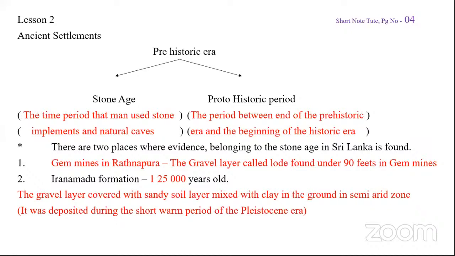Then the Iranamadu formation, that layer is a gravel layer covered with a sandy soil layer mixed with clay in the ground in a semi-arid zone. It was deposited during the short warm period of the Pleistocene era.